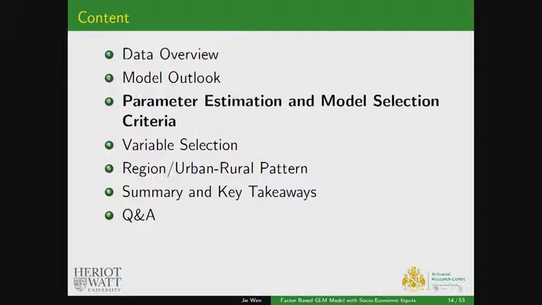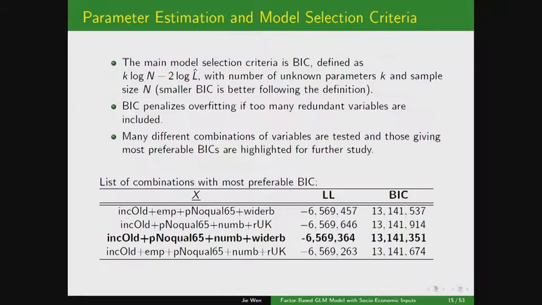So the next section is about the parameter estimation result and the model selection method we use to pick the best model. Same as what Torsten has presented, these models are selected based on BIC as well, which is defined by k times log n minus 2 times the maximized log likelihood.